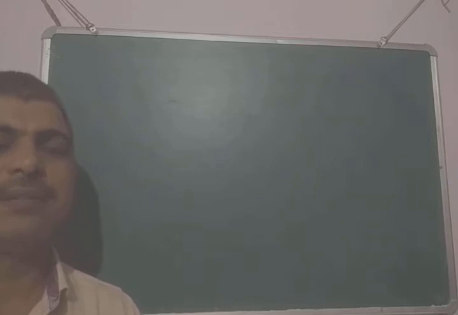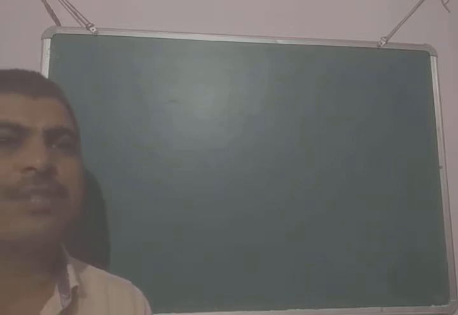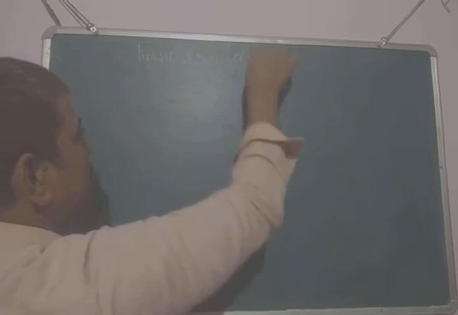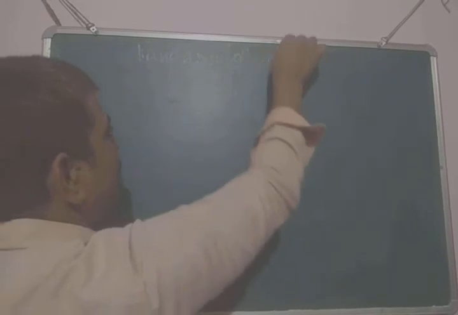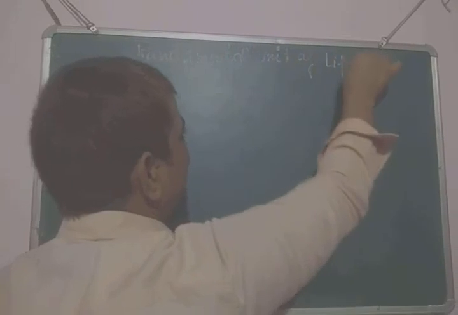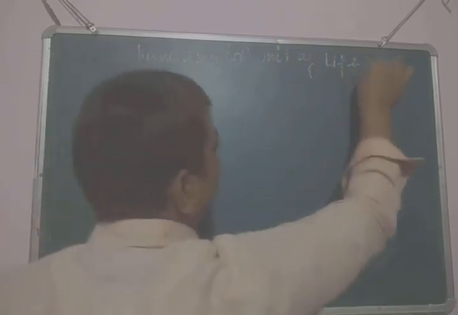It is the fifth chapter in science, biology of class 9. The name of the chapter is Fundamental Unit of Life, the Cell.